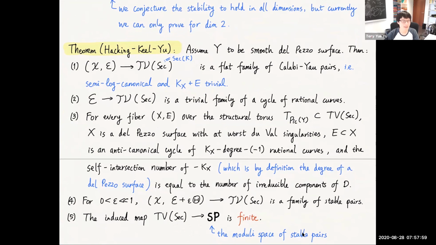So that gives us the proof of this conjecture about the shape of these parts of the moduli space of stable pairs, which is not at all evident from birational geometry. Let me stop here, and thank you very much for your attention.